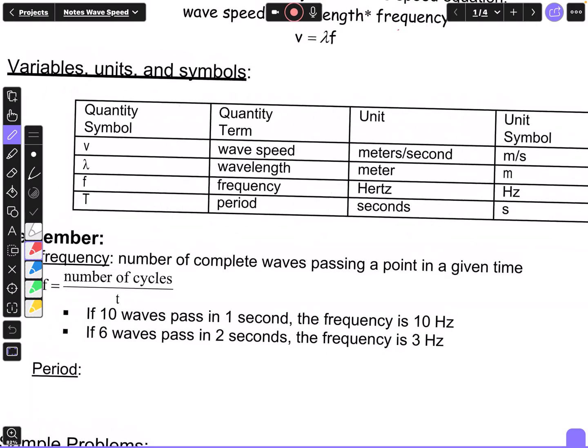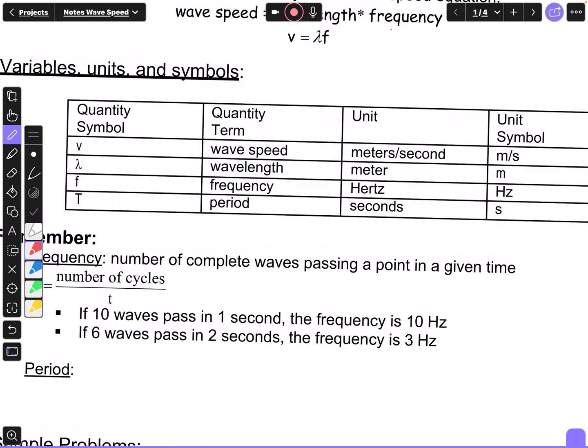There are some things you need to know, and all this stuff will be on the test. The symbol V stands for wave speed, and it is in meters per second. Like we just said, that Greek letter lambda is the wavelength. It's in meters. The unit symbol is m. Frequency is f.